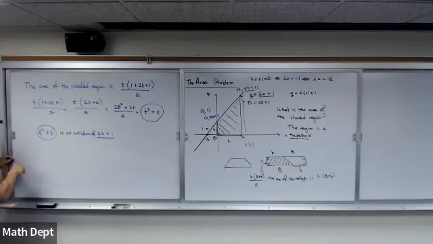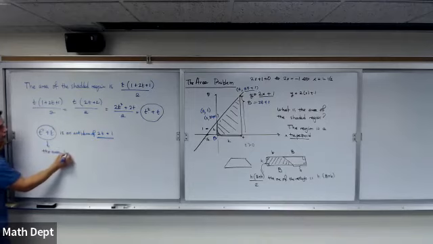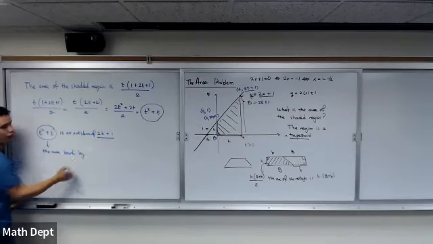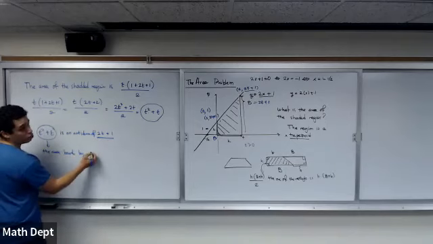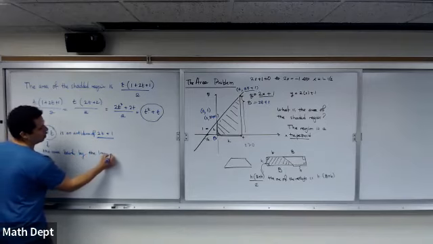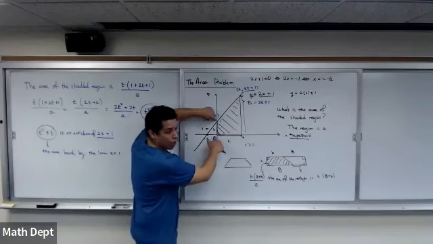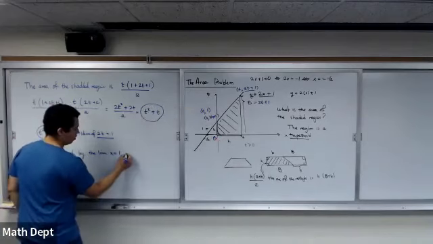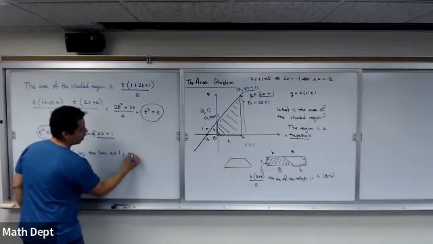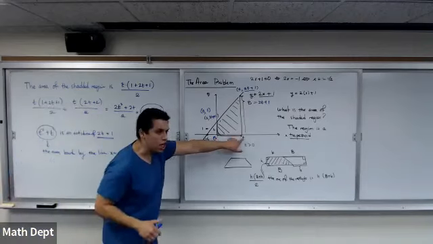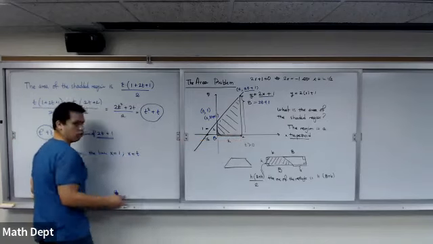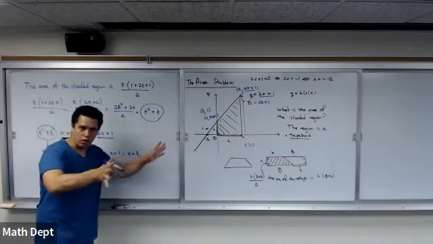But this one, I have to say it, represents the area bounded by the lines x equal to 1, namely this, x equal to t, of course, positive t, otherwise it makes no sense.